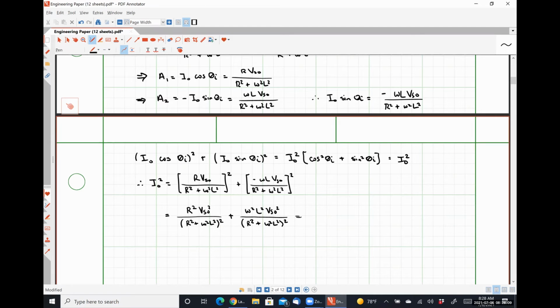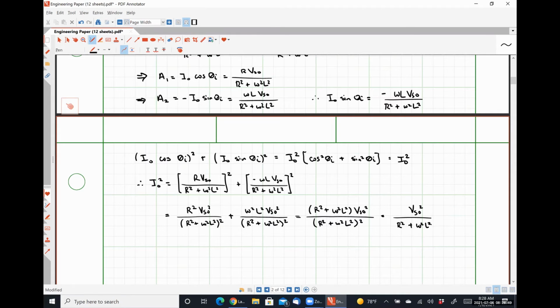Looks like R squared plus omega squared L squared multiplied by Vs naught squared divided by R squared plus omega squared L squared, quantity squared, which is the same as Vs naught squared divided by R squared plus omega squared L squared. You follow my algebra there?